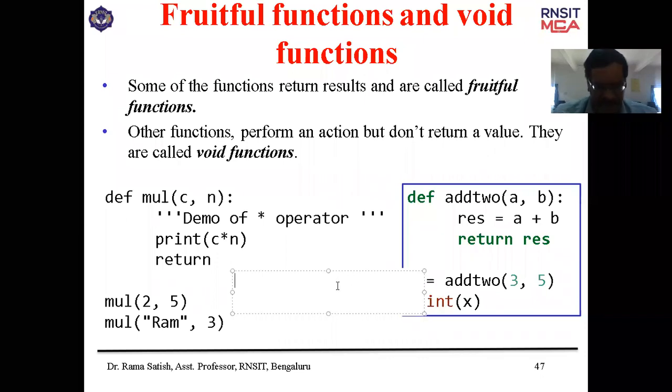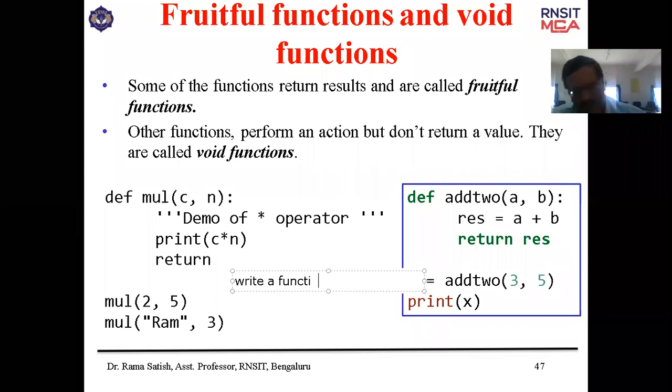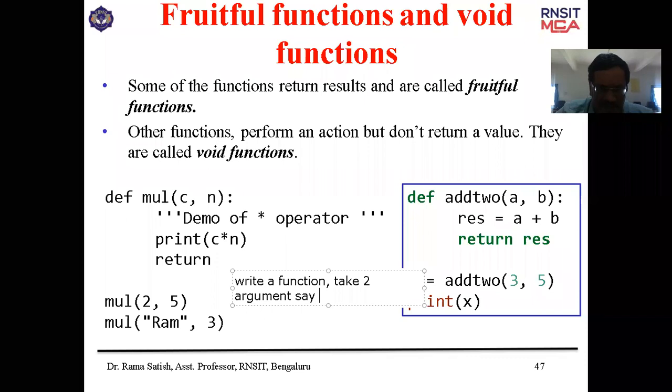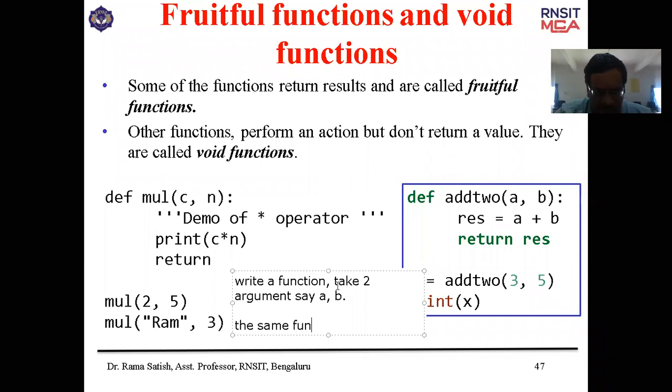The second assignment is to write a function that takes 2 arguments, say A comma B. The same function should return both addition and multiplication.